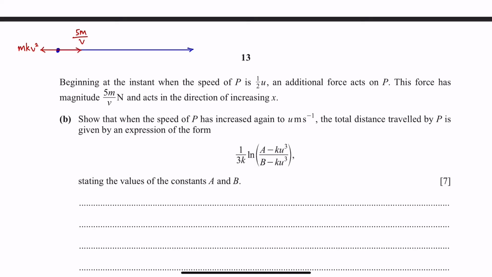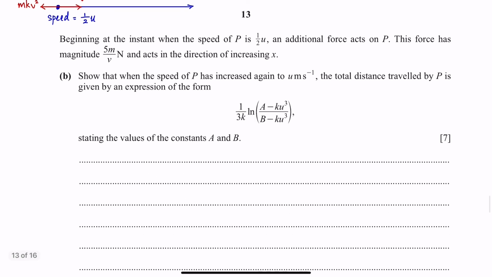So now the speed of p is half u, so the starting speed is half u. And we need to find the distance traveled when the speed is increased to u again.